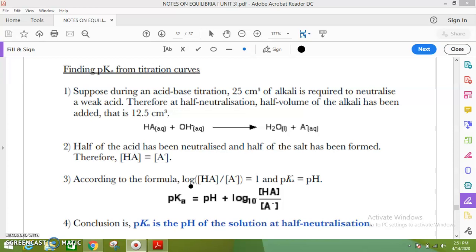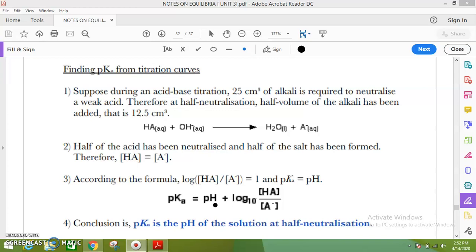According to the formula, log of salt over acid is equal to 0, so pKa is equal to pH. Now use this equation for calculation, to get the pKa value from the titration curve.